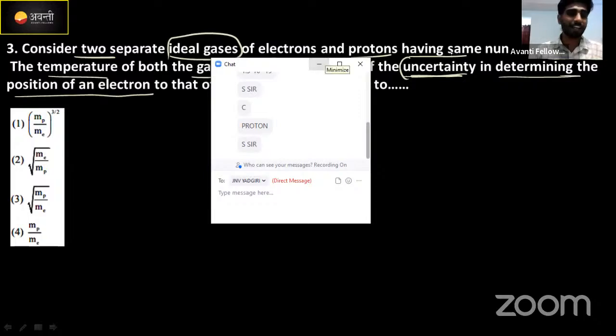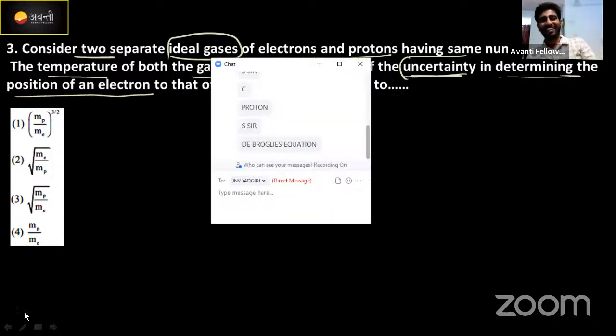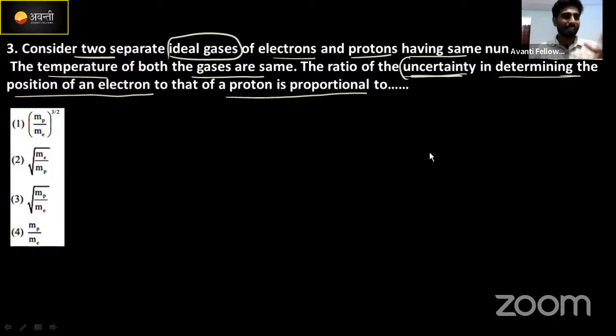Here they actually said about the position. Idea about uncertainty. Uncertainty means we can't predict the position. While we can't, meaning exact position को पता नहीं कर सकते हैं हम, उसको हम कहते हैं uncertainty.